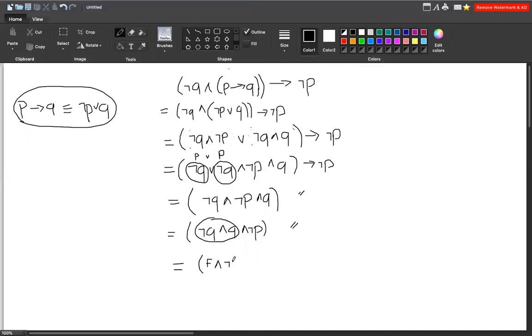False and negation of P, right? And then this implies negation of P. Okay, now we have to simplify this implication. So what we do is we take the negation of this thing here.